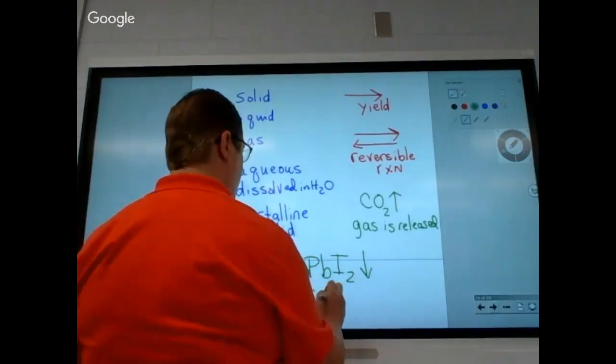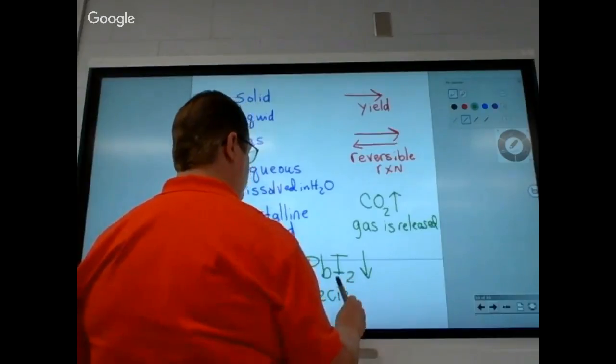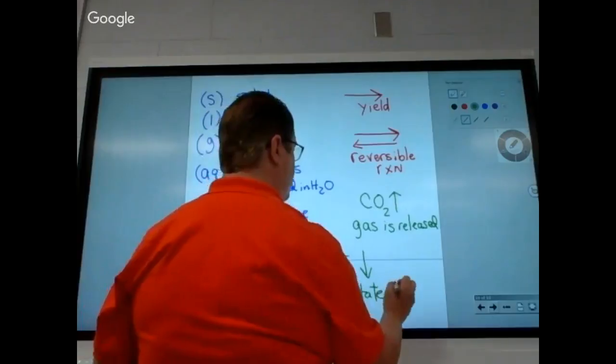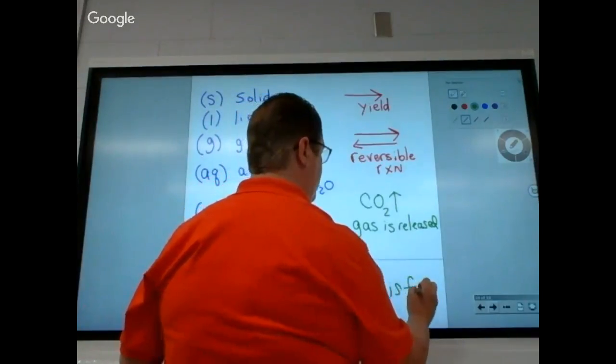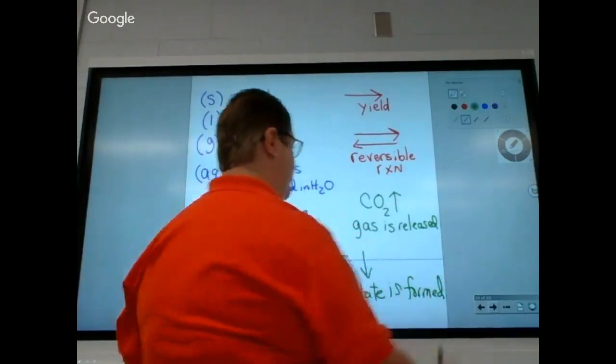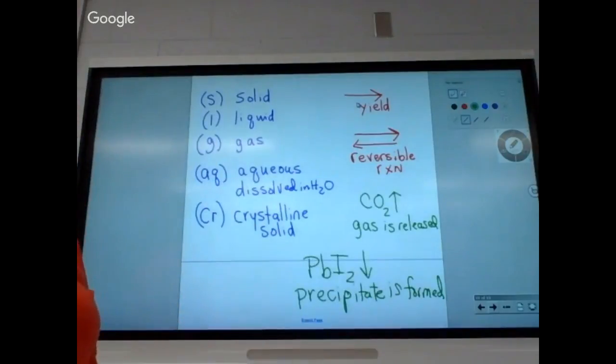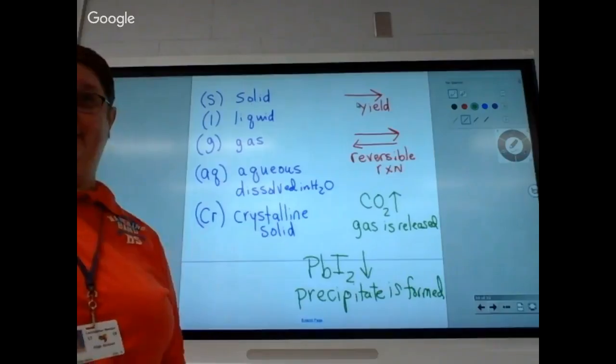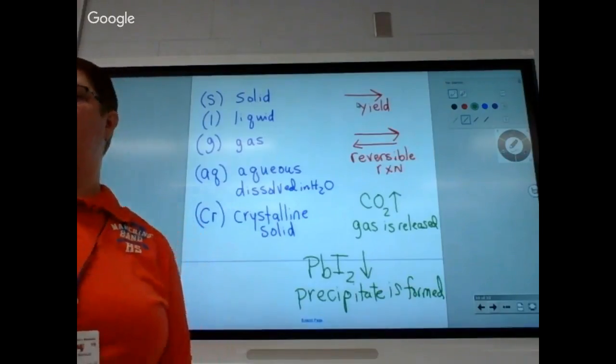That means a precipitate is formed. Somebody tell me what a precipitate is again. A solid formed from two liquids. Yes, a solid formed from two liquids.